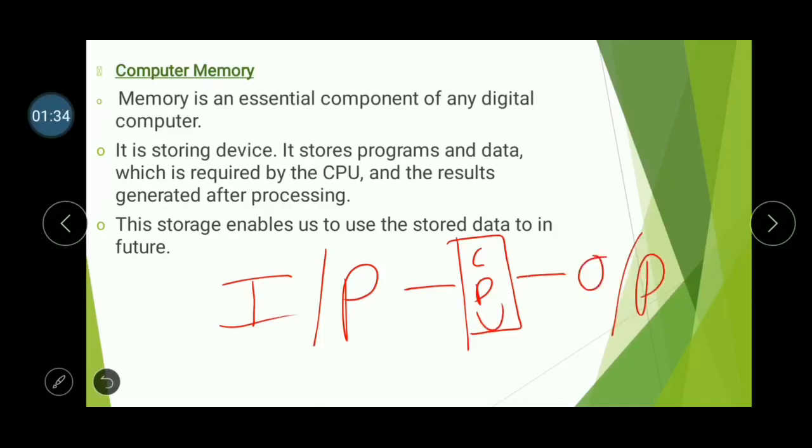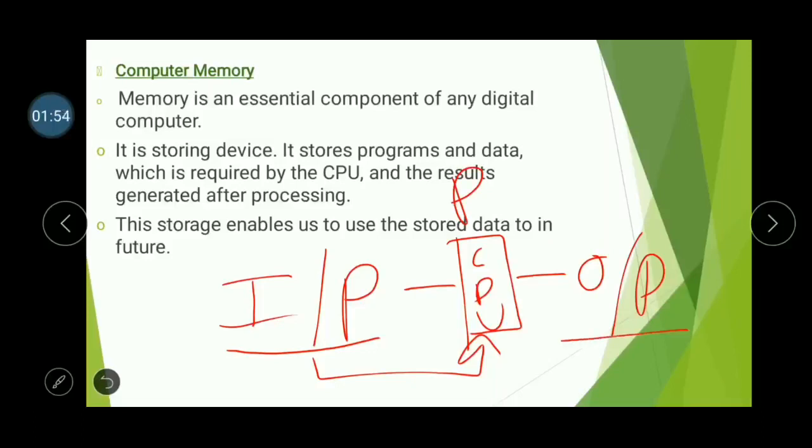The user gives inputs or information to the computer system using input devices. In the CPU the process will occur, and after the process, output will be generated.